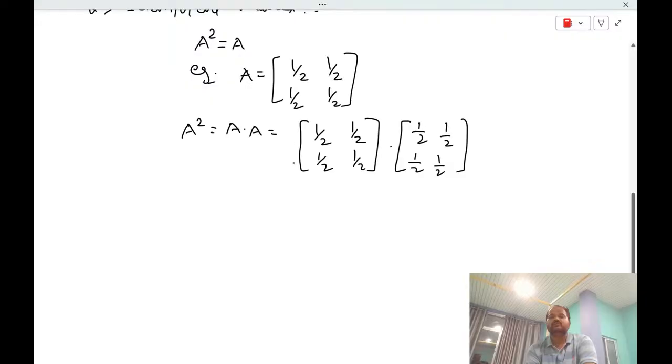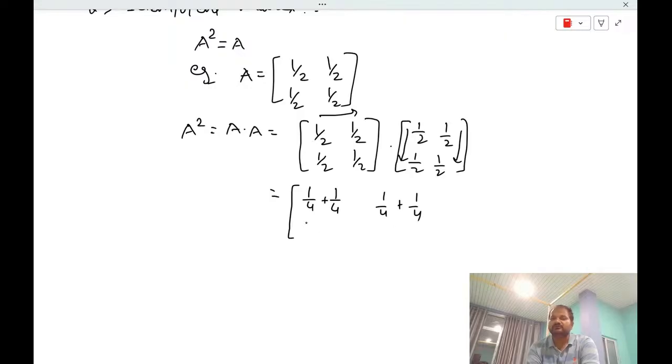So here the first row will be multiplied by the first column. We know the multiplication of two matrices: half into half is 1 by 4, plus half into half is also 1 by 4. In the same way, the first row is multiplied by the second column, so again 1 by 4 plus 1 by 4.